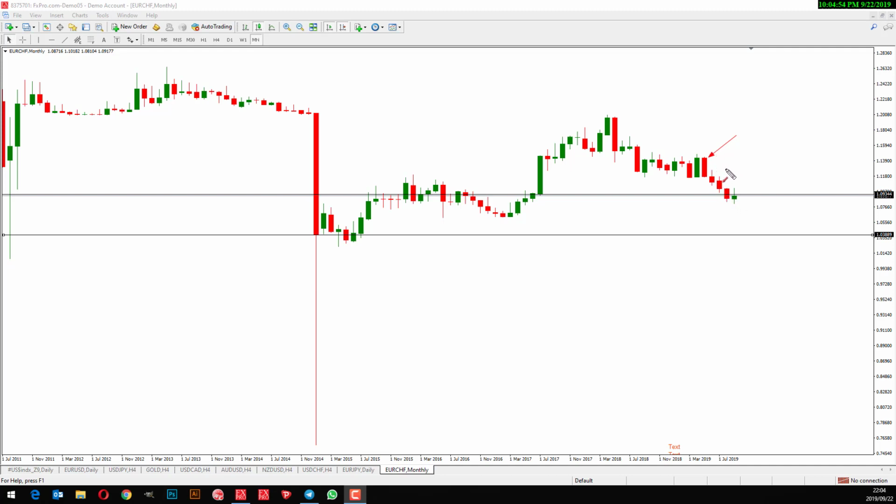We had a May push down, June push down, July push down, August also push down. So basically we can see the market is in a downtrend. Market is pushing to the downside.